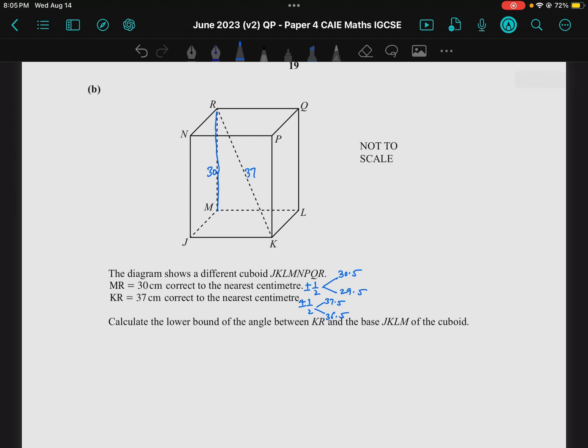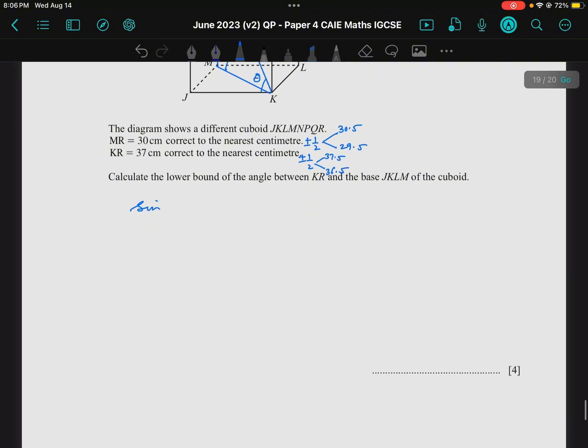Now, first of all, take this side and then join this to this properly, and this side also. Say this angle is theta, this angle we know is 90 degree. So sine of theta equals opposite upon hypotenuse. To find the lower bound, we will take the lower bound of the opposite and the upper bound of the hypotenuse.